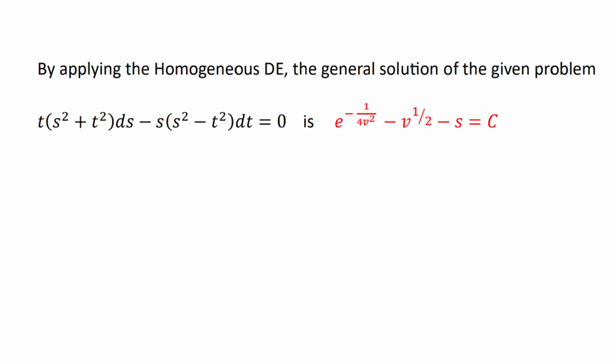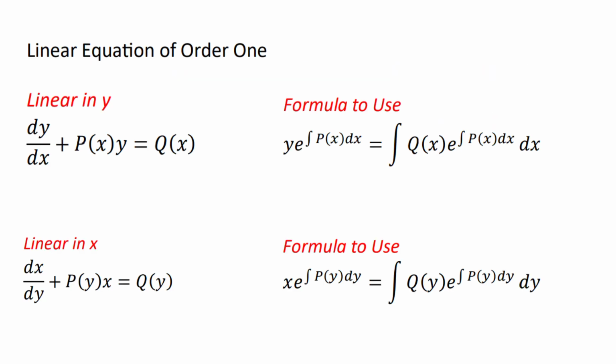By applying the homogeneous DE, the general solution of the given problem is e raised to negative 1 over 4v squared minus v to the 1 half minus s is equal to c.